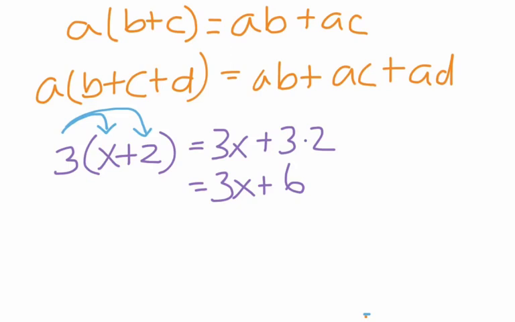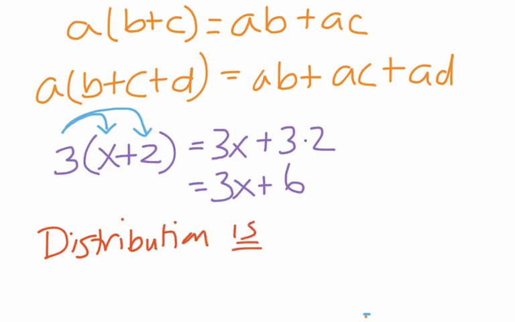Now, I see quite a few Algebra 2 students who confuse the arrows with the actual distribution. The arrows are a visual tool that teachers use to help students track their eyes over what we're doing, but the actual distribution is the multiplication. Distribution is multiplication.